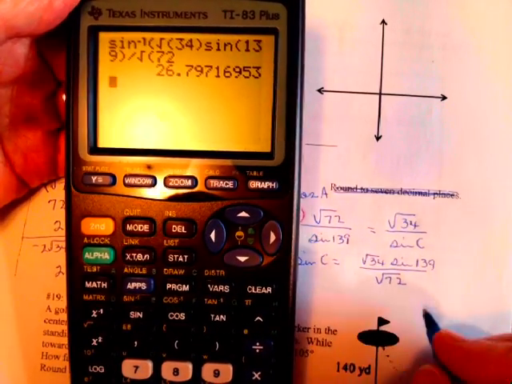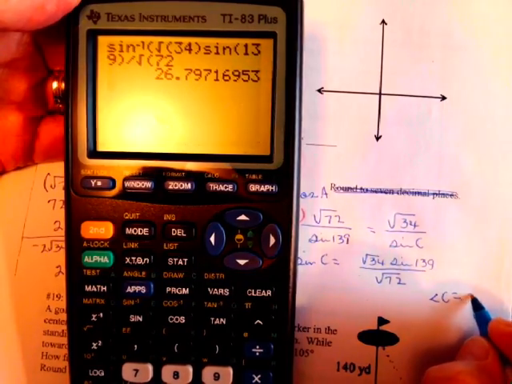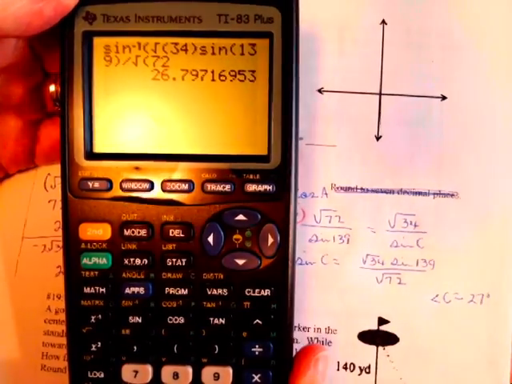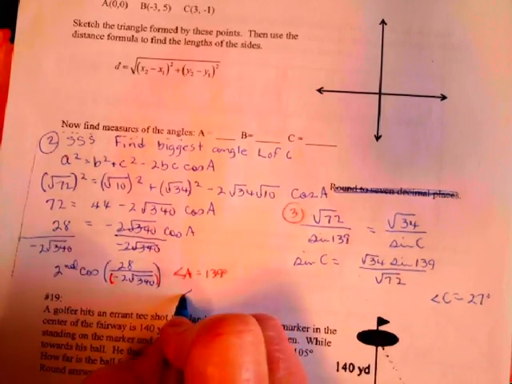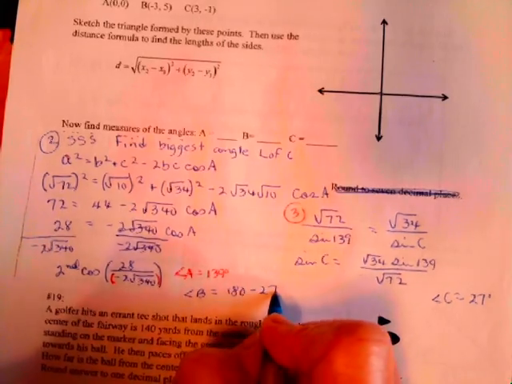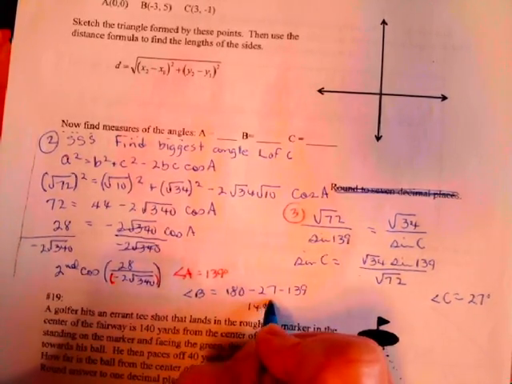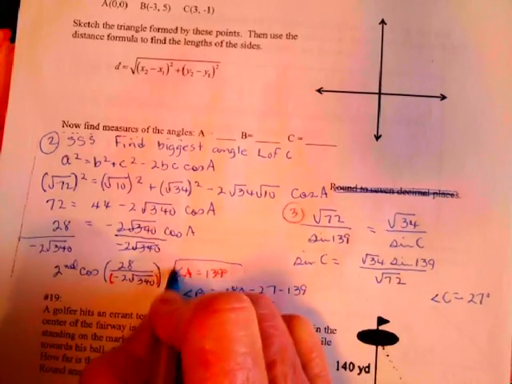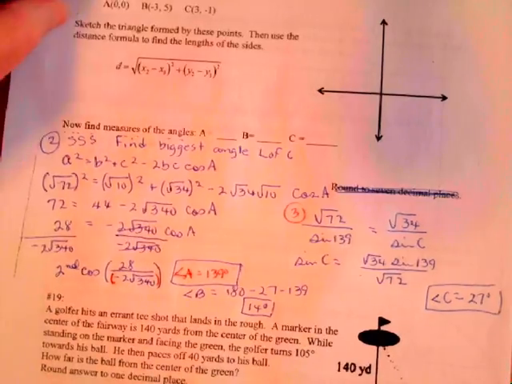That tells me angle C equals 27 degrees. Subtract from 180. Angle B equals 180 minus 27 minus 139, 14 degrees. I have now found all three angles. I'm finished with problem number 18.